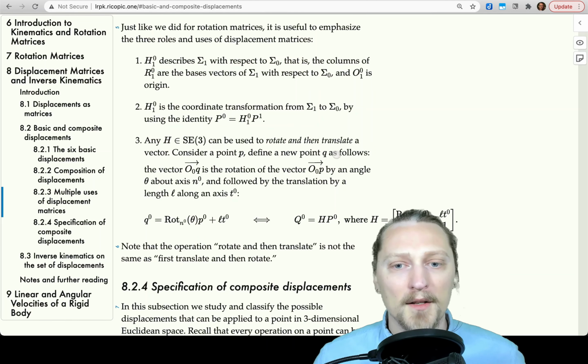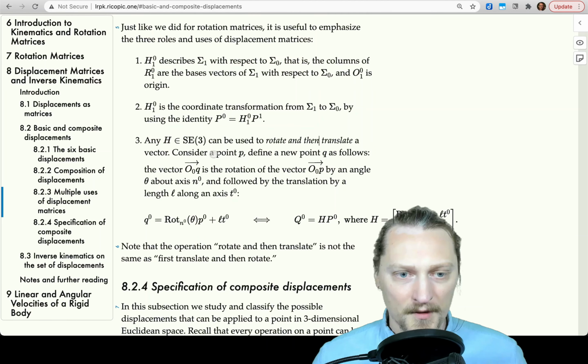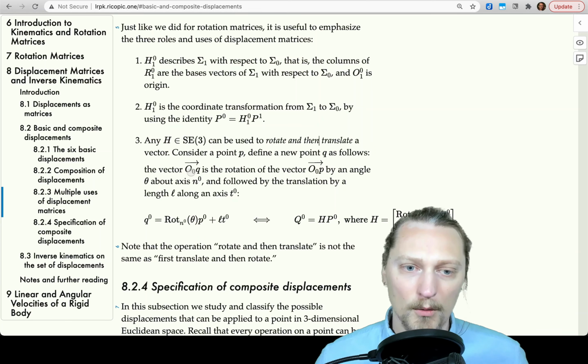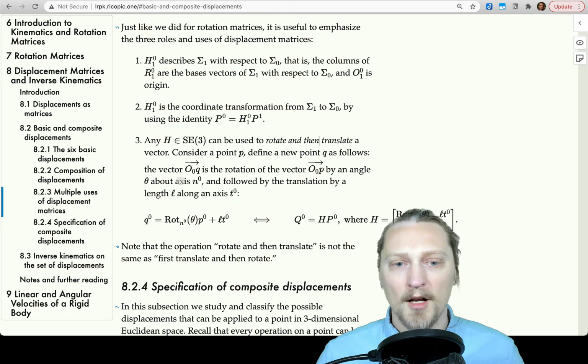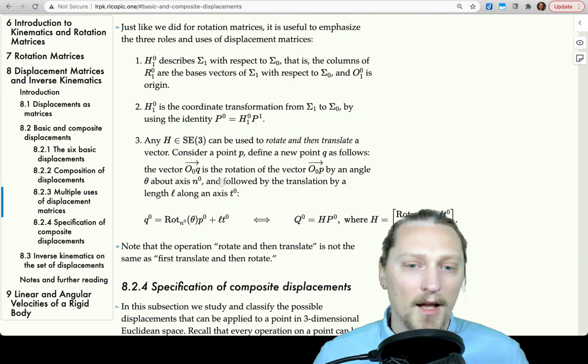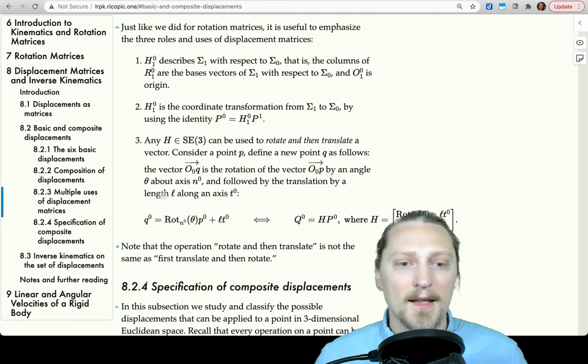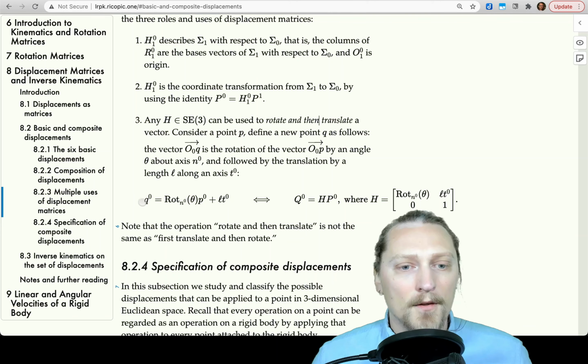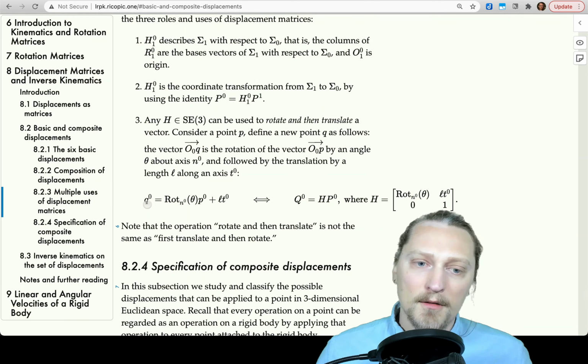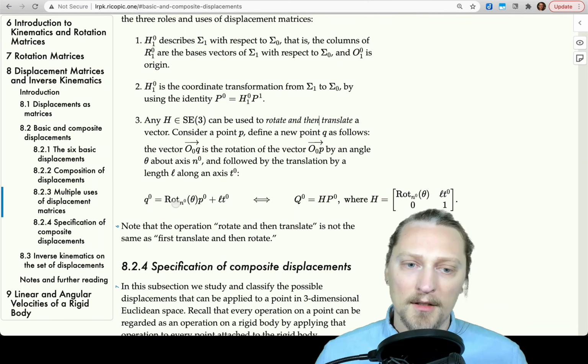Define a new point Q as follows. The vector O0 to Q is the rotation of the vector O0 to P by an angle theta about axis N0, followed by the translation by a length L along the axis T0. So we can say that Q0 is the rotation about N0, an angle theta, times P0.